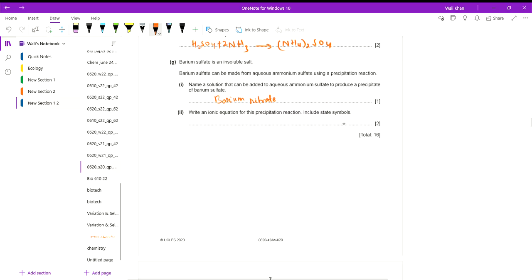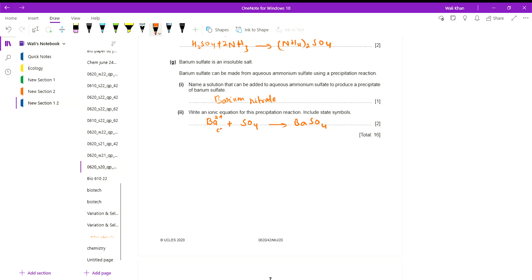Write an ionic equation for this precipitation reaction, include state symbols. So you have to write the ionic equation, so write it down: barium plus sulfate. In the ionic equation, we have to add charges.